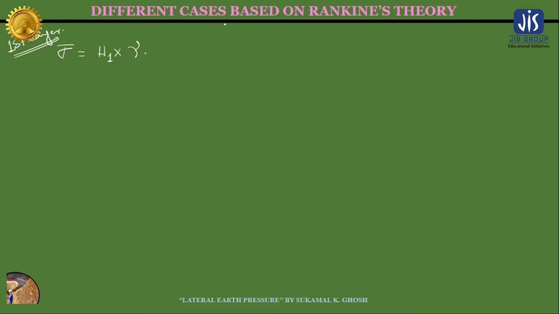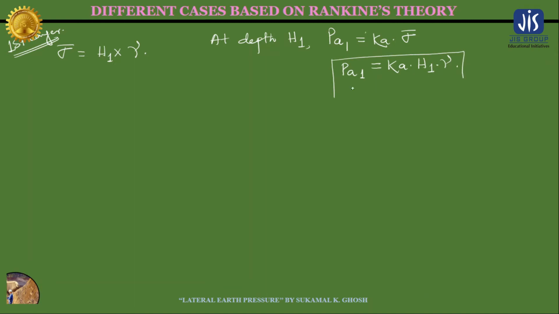It means at depth h1 the active earth pressure, suppose PA1, is equal to Ka into sigma bar, which will be equal to Ka into h1 into gamma. So this is PA1, the active earth pressure for layer 1.